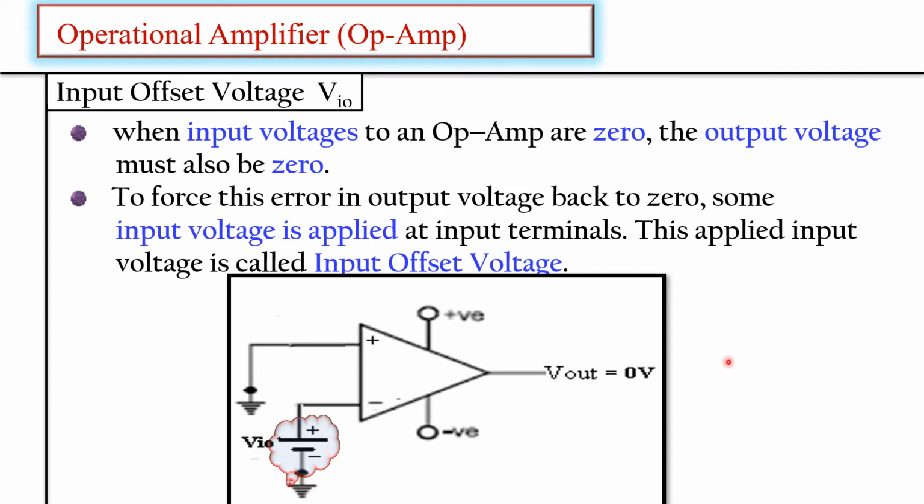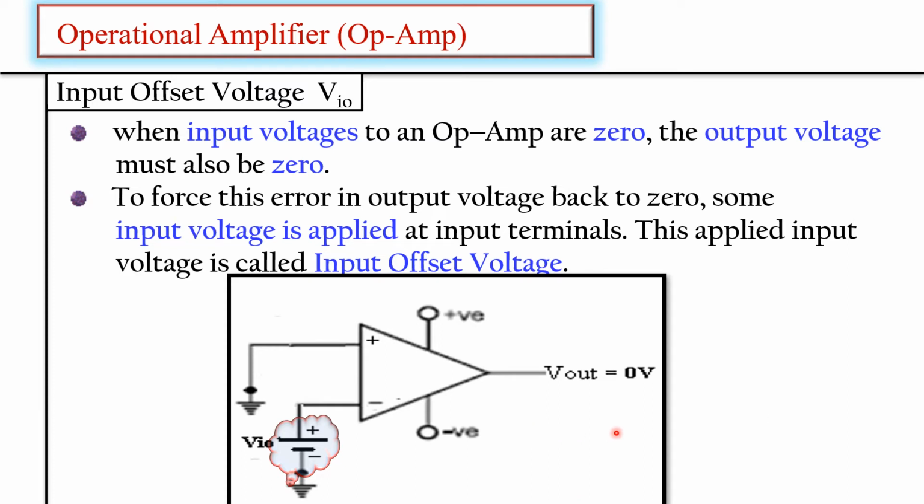If we get a positive error, we apply a negative voltage at the input terminals, either the inverting or the non-inverting. If we get a negative error, we add a positive, so that the input voltages nullify and we get 0 output. Right?